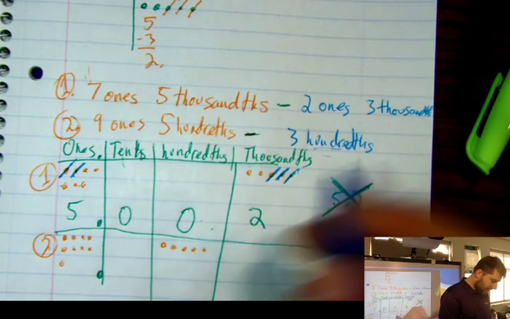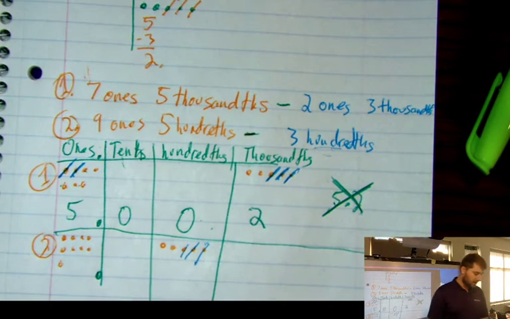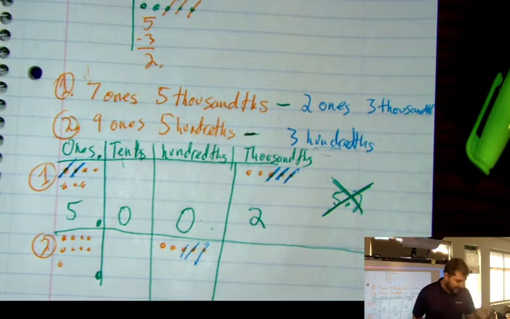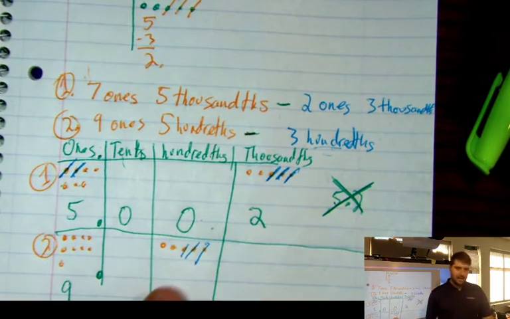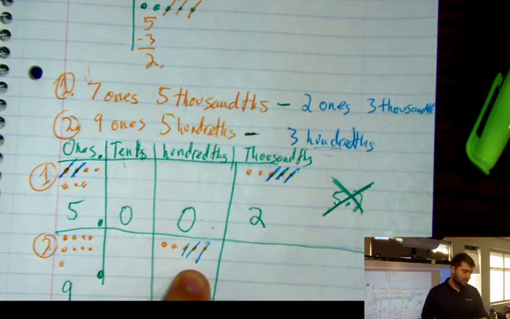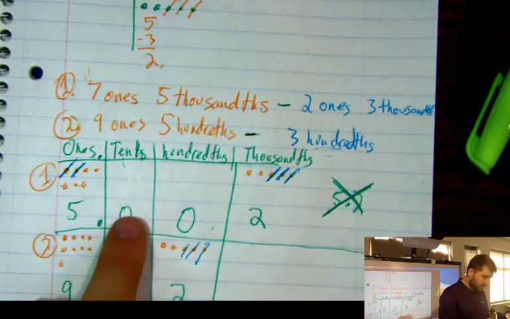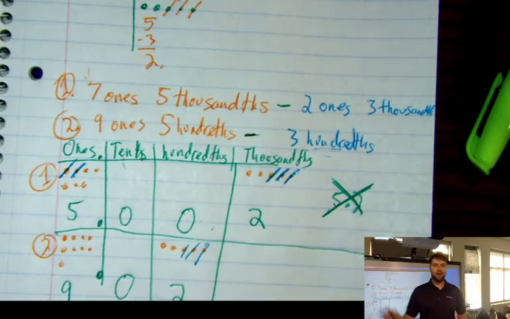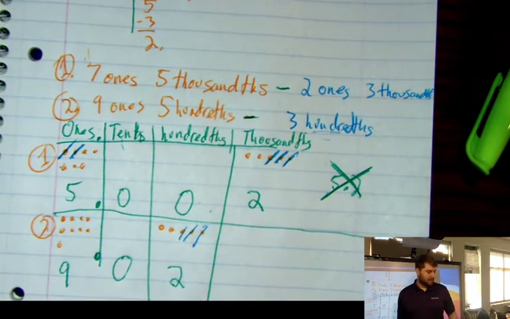Now let's take a look at what is left. Nothing changed in our ones column, so we still have 9 ones. We did take away 3 from our hundredths column, so we're left with 2. And we need to fill in a 0 in our tenths place because there's nothing there. We didn't add or take away any, so there's still a 0 in the tenths place.